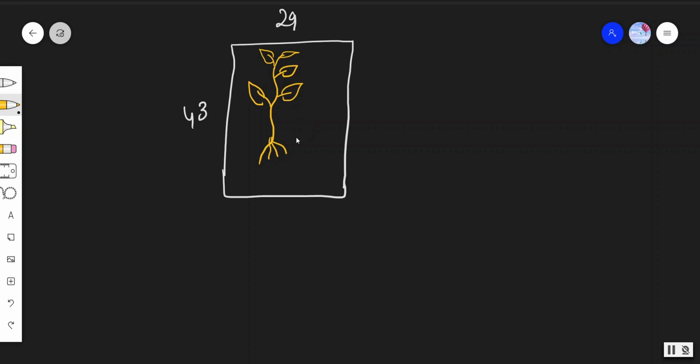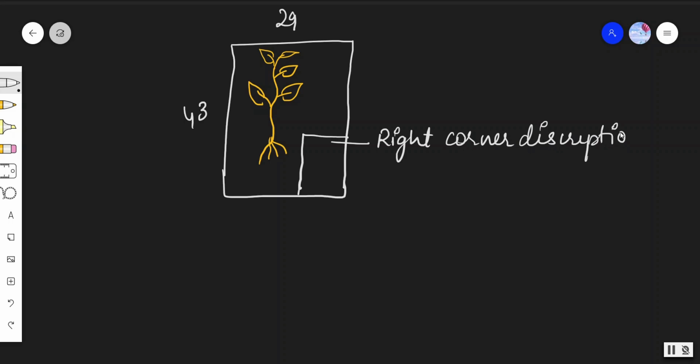Now the description is written on the right corner. Right corner is for description. What points are described here?